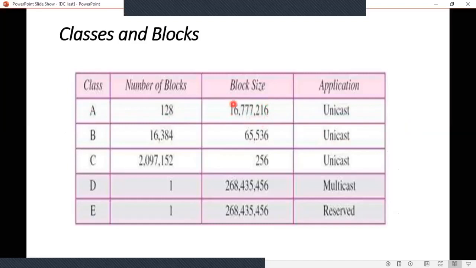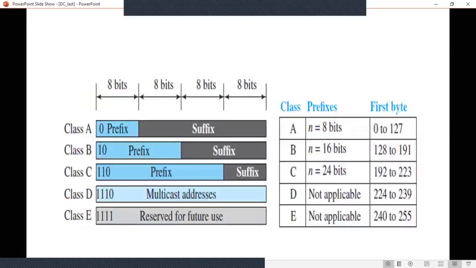How is it 16 mega? With n equal to 8 bits, you can have 0 to 127, that is 128 blocks.